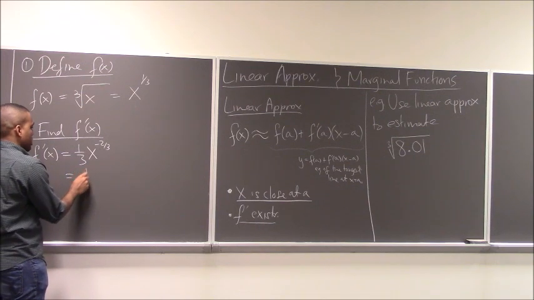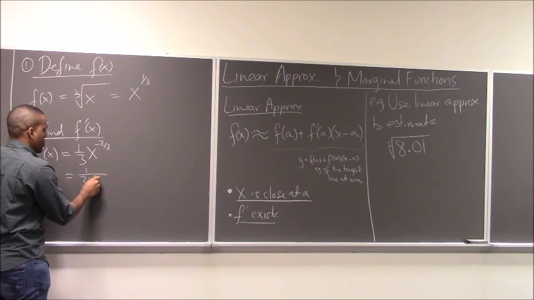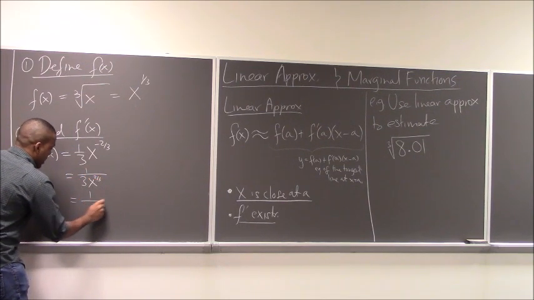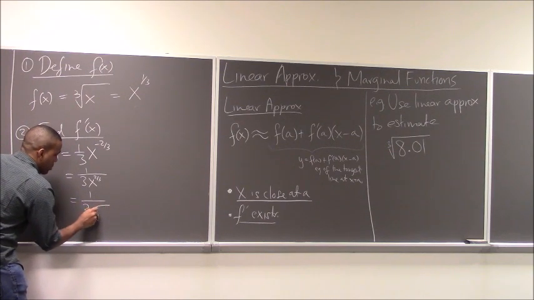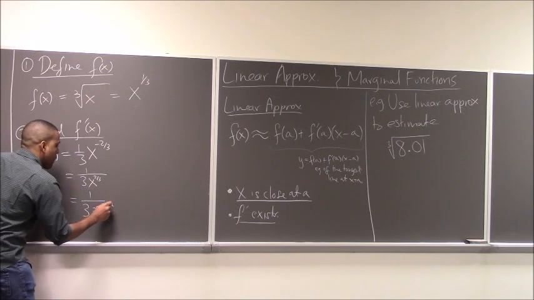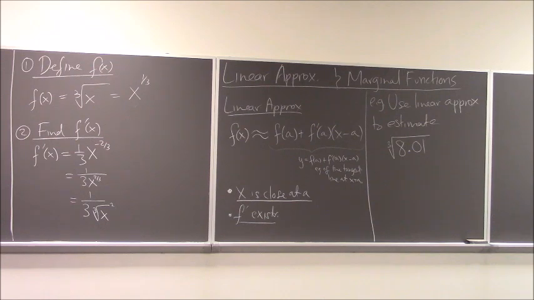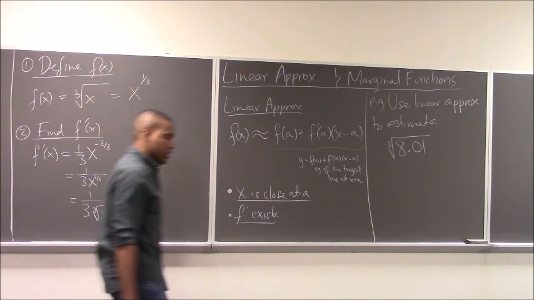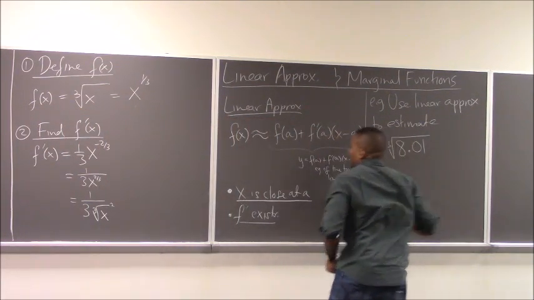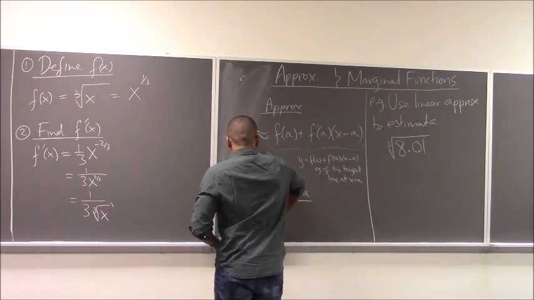You can also think of this as 1 over 3 x to the 2/3, or 1 over 3 times the cube root of x, squared. And the 3 is positive, so that's the derivative. What do we need to do next?